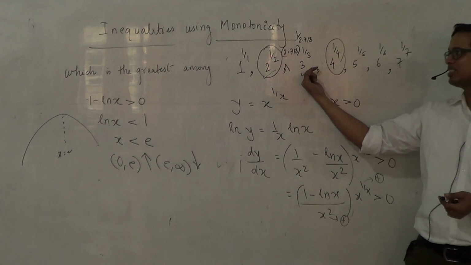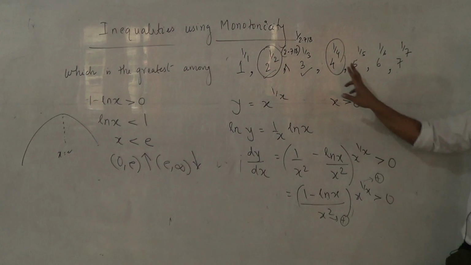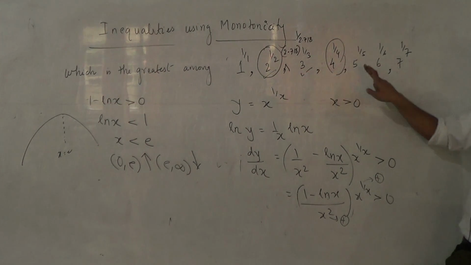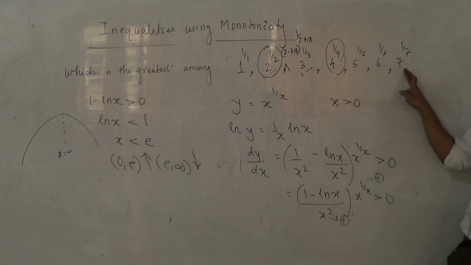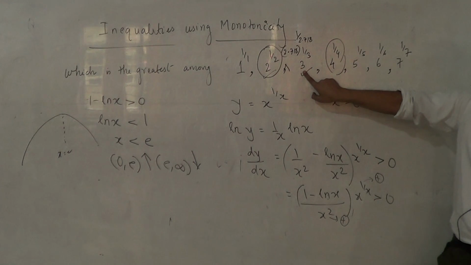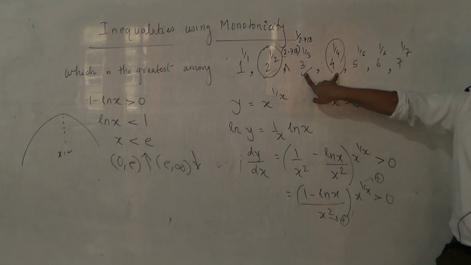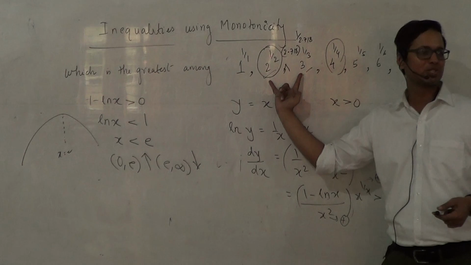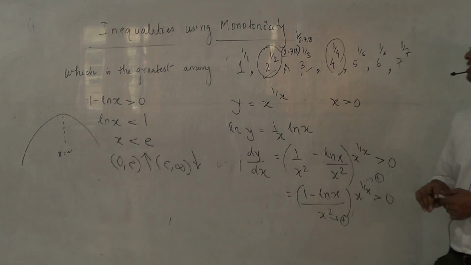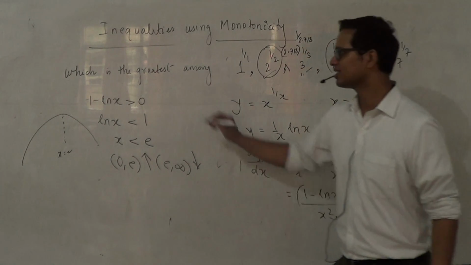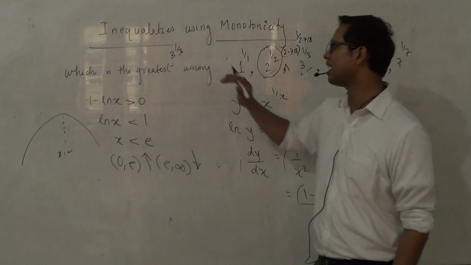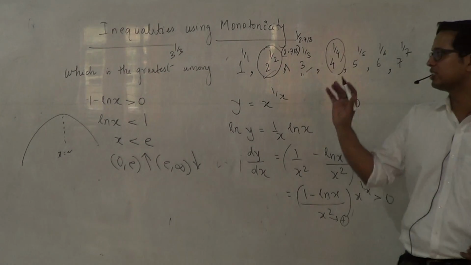And just now we figured out the function is decreasing after e, so this will be higher than this, this will be higher than this, this will be higher than this. That means this is higher than this, which in turn makes this higher than this also. Hence who is the winner in this entire event? 3 to the power 1 by 3 will have higher value than any of these terms.